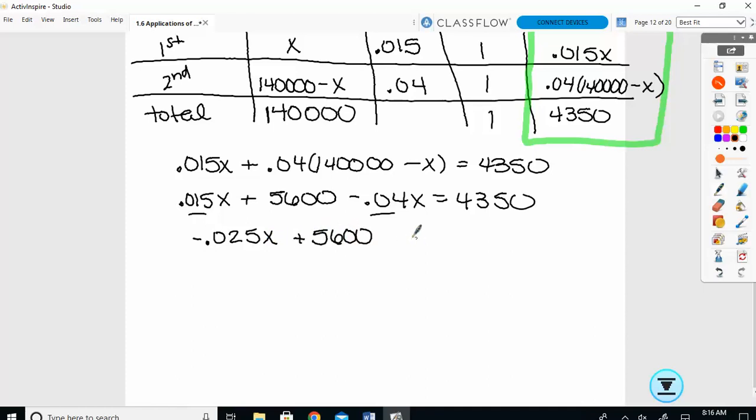Since it's money, do we want to subtract this one? All right, if you subtract that over, you get negative 1,250. Divide by negative 0.025, and you get 50,000.